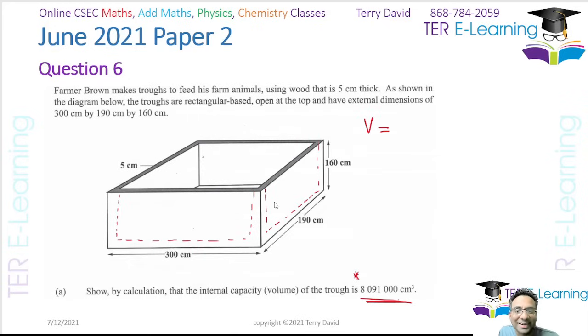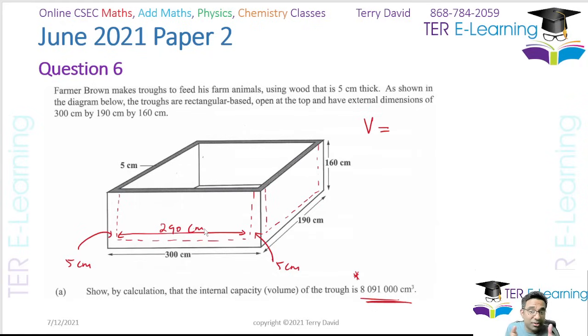So we must factor the thickness of the wood. So if we're looking at the internal dimensions here, remember, you need to cater for the 5 centimeter thickness. So you have a 5 cm here. This here is 5 centimeters. Then on this side here is the next 5 centimeters. So therefore, we're looking at the internal dimensions. So 5 and 5 is 10. So this here is actually 290 centimeters.